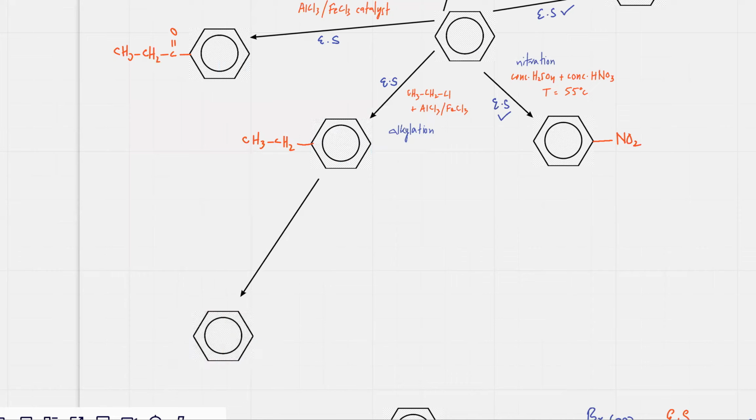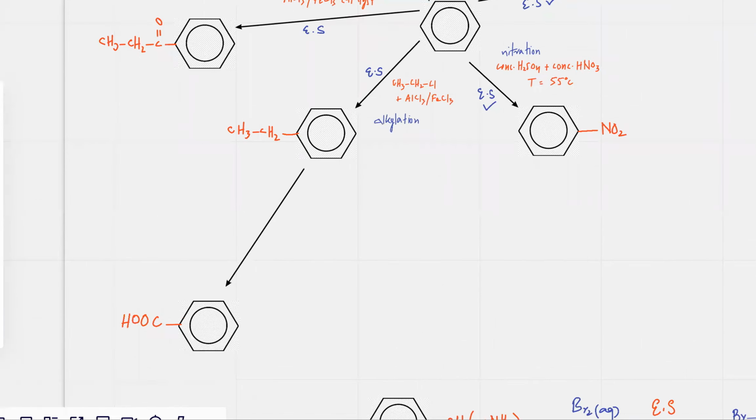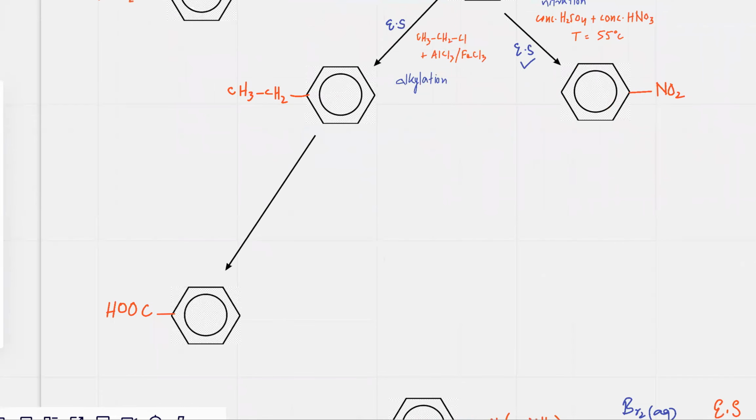And it will get oxidized to a carboxylic acid. It's going to get oxidized to a carboxylic acid if you heat it or boil it with KMnO4, acidified, under reflux.